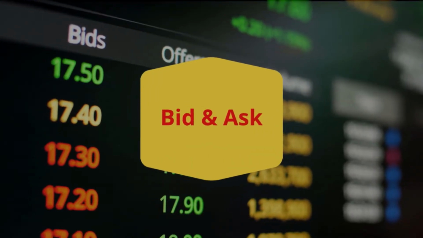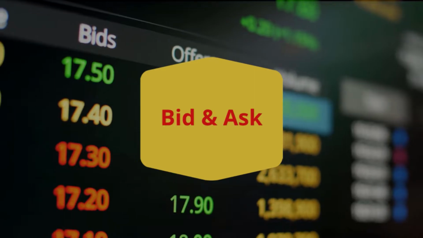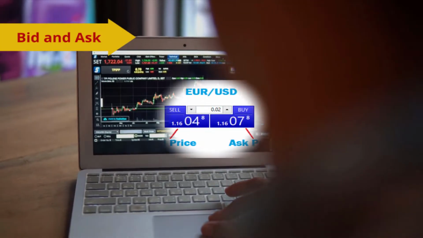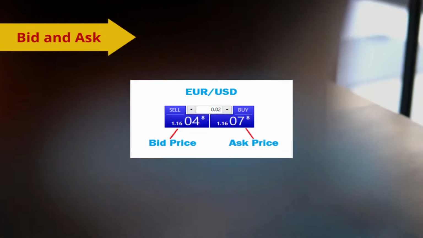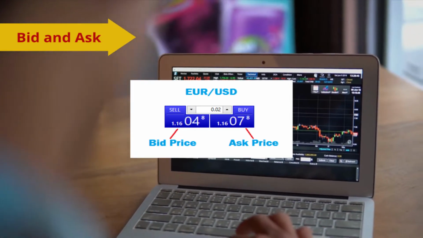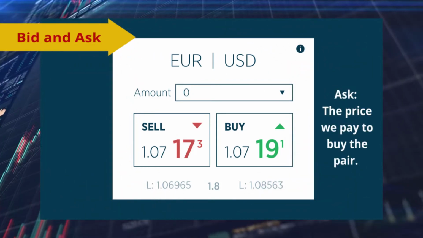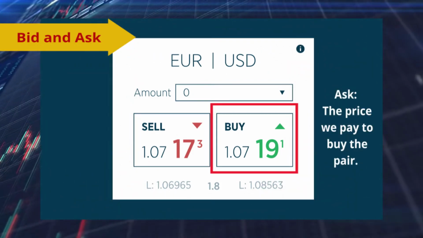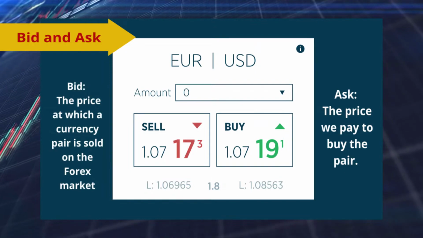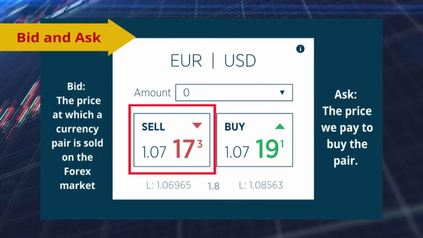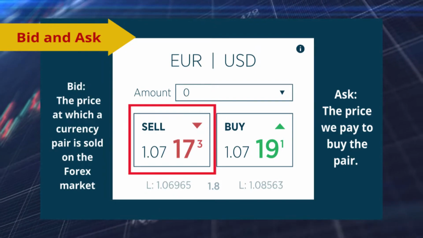Now, let's talk about bid and ask. The terms bid and ask refer to the best possible price at which buyers and sellers are willing to transact in the marketplace. The price we pay to buy the pair is referred to as ask. On the other hand, the bid is the price at which a currency pair is sold on the Forex market.